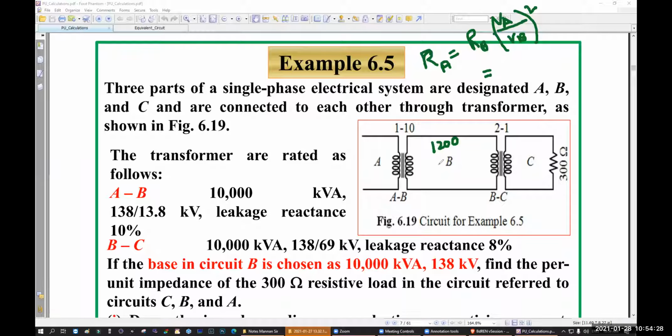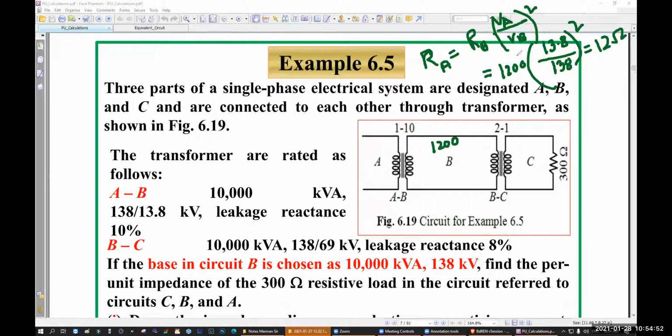Your RB, that means your high voltage resistance, is 1200. Your VA, that is your low voltage, is 13.8. VB, that means your high voltage side voltage, is 138. If you whole square it, you will get 12 only.